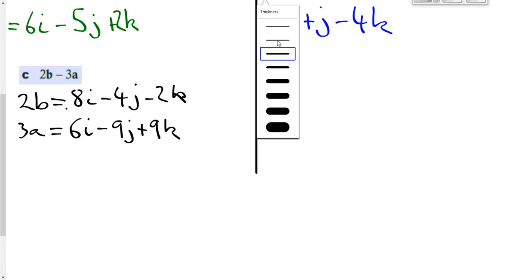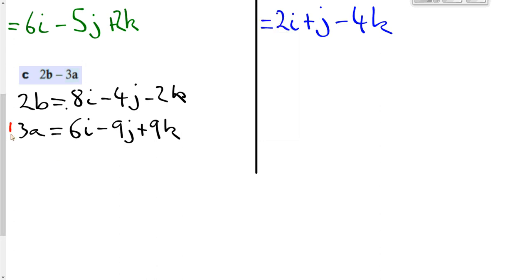So we're going to add the negative of this one here, we're going to add the negative of this one here.